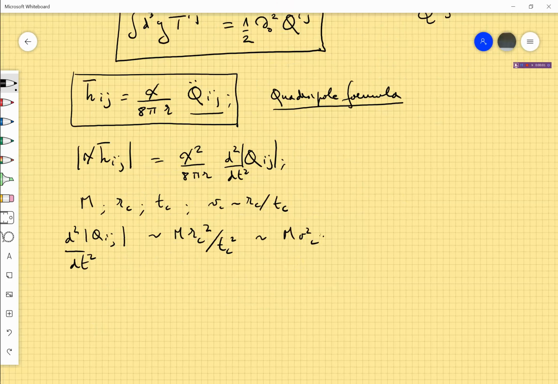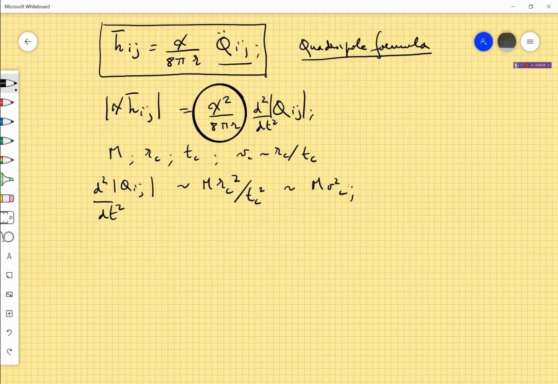Then, taking into account this factor here, what we find is that chi goes more or less chi squared over 8 pi is just 2G r, which will be some typical distance, and then we have m v squared c.